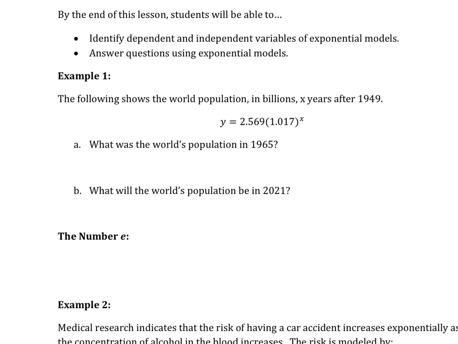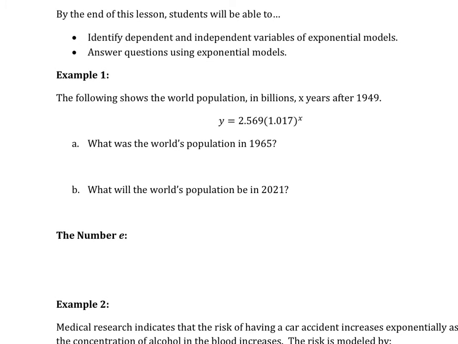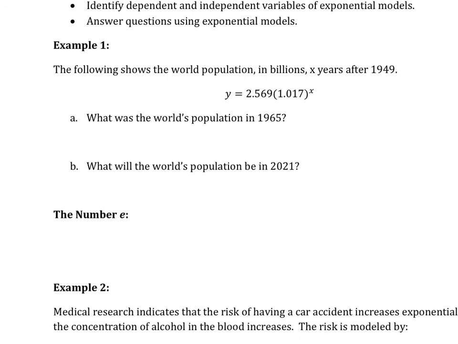So example 1, the following shows the world population in billions X years after 1949. When you have an equation like this with a word problem, you first want to figure out what your variables are representing. So here it's telling us X years after 1949, so X is just the number of years after 1949.